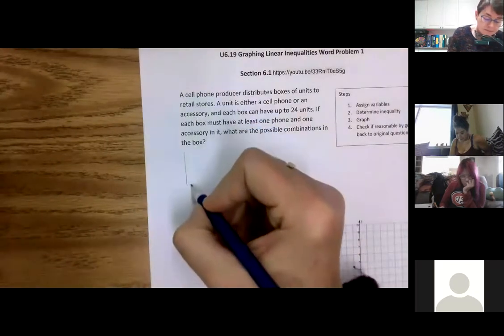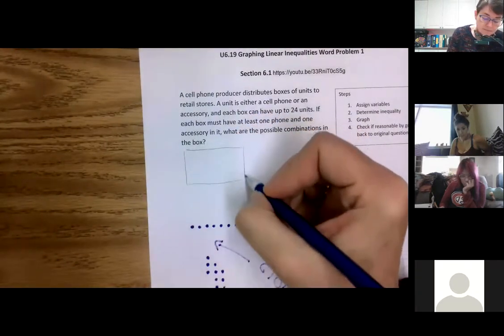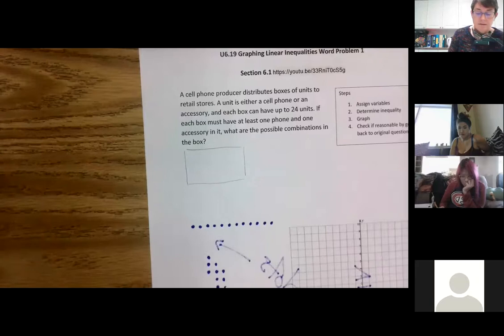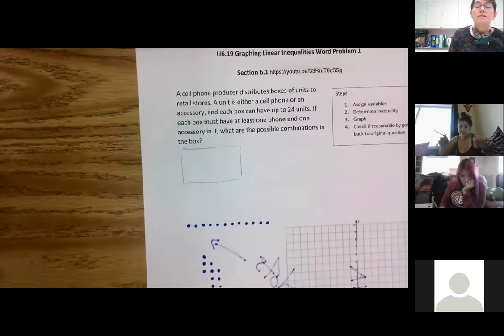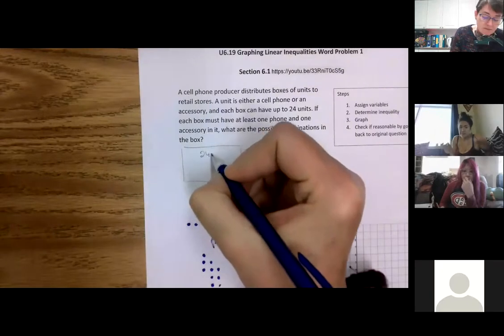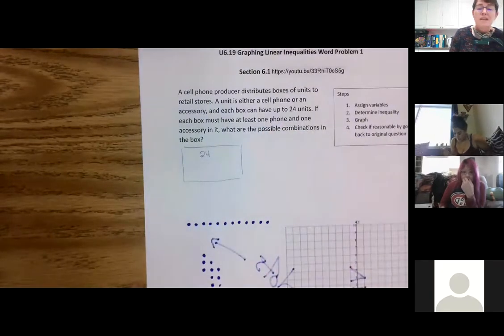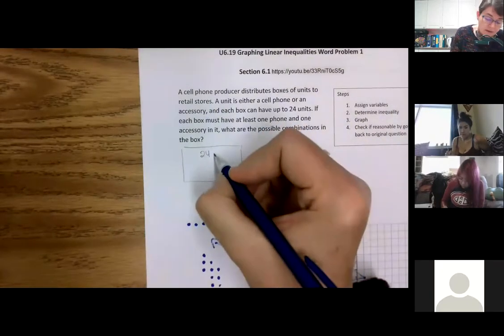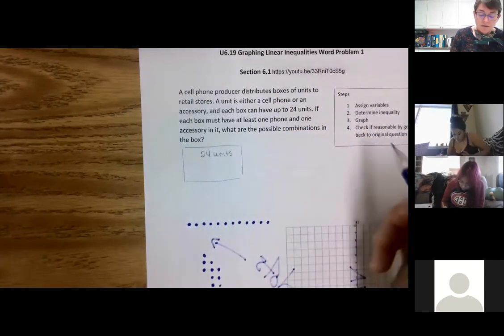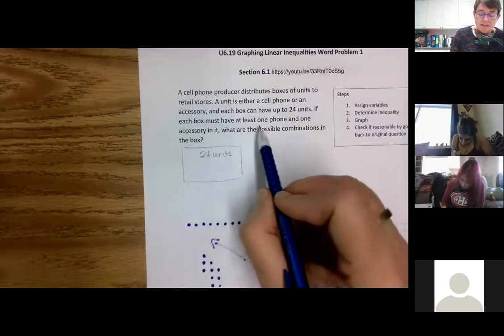I got a box. How many things can go in the box? Anybody? 24. I was like, don't overthink this. 24 units, 24 things. Use units. Okay, so if each box must have at least one phone.